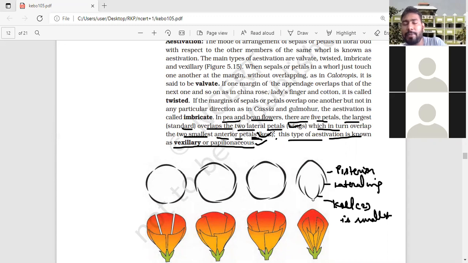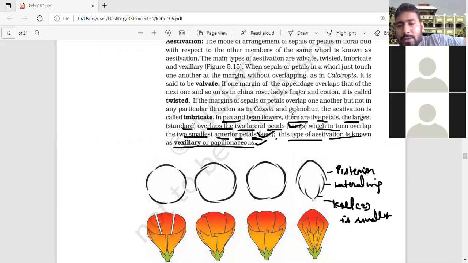How can they have a particular direction? Examples of imbricate type of estivation are Cassia and Gulmohar.